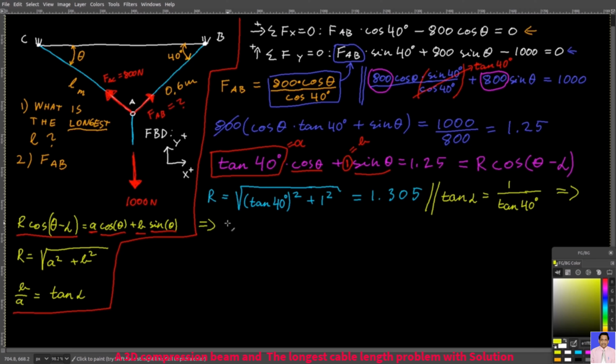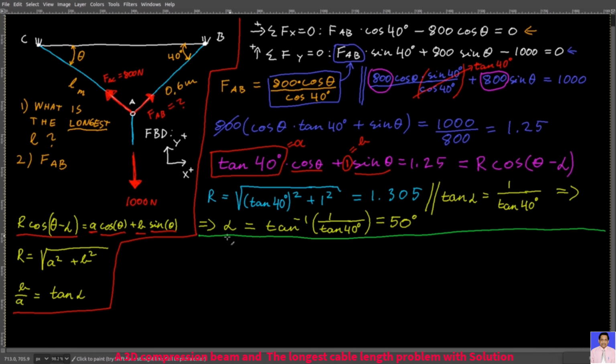That means that alpha equals inverse tangent, and then this ratio, again, you don't have any unknowns here. These are just numbers. And if you calculate that, then it's 50 degrees. And so in the end, what you have is this expression, which equals 1.25, and you get it from here.